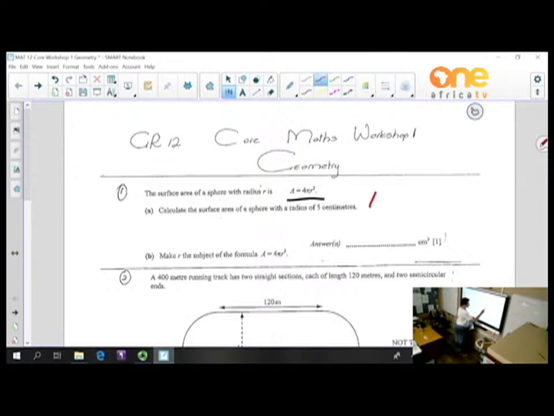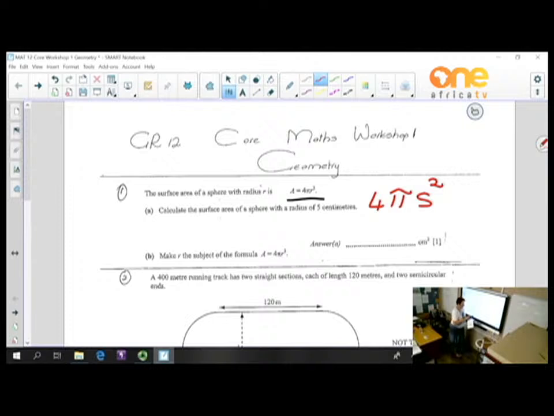So I'm just going to substitute 4 pi 5 squared. And now I must do that calculation on my calculator. I like to start there with the square, not to make a mistake.